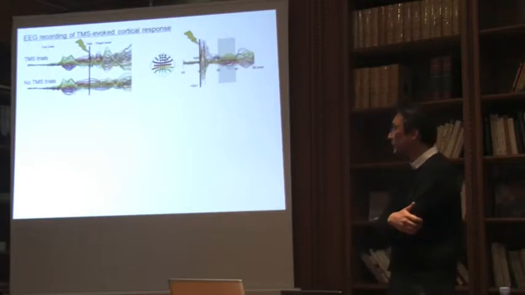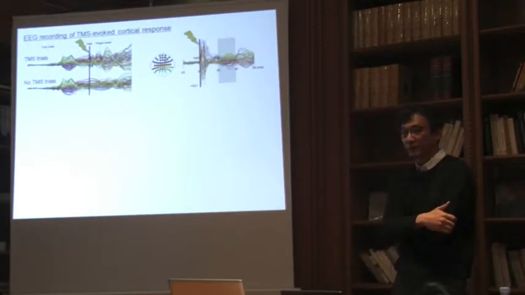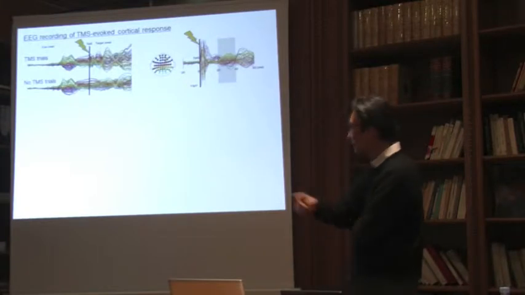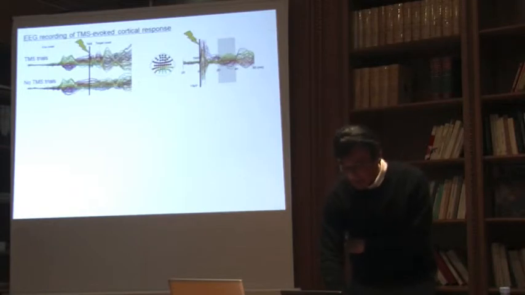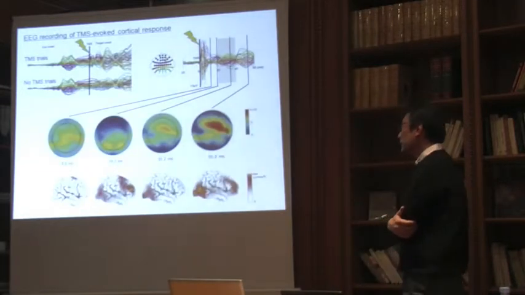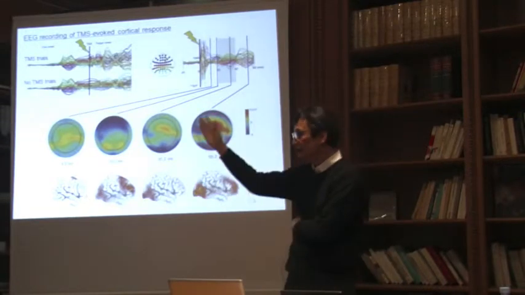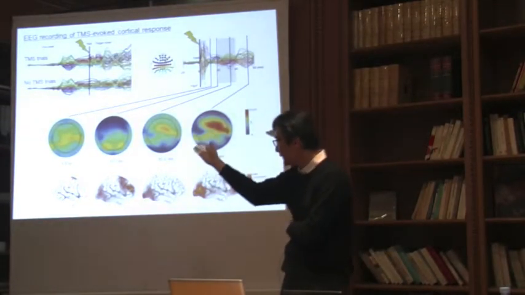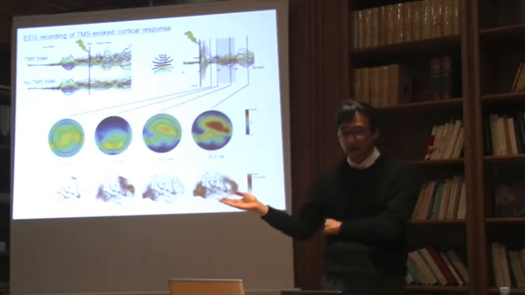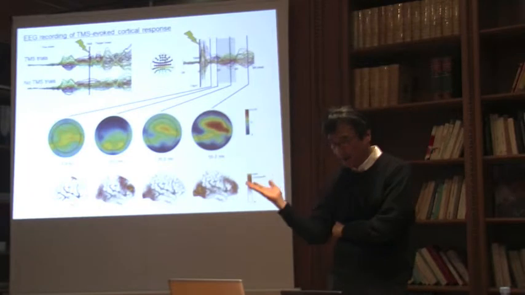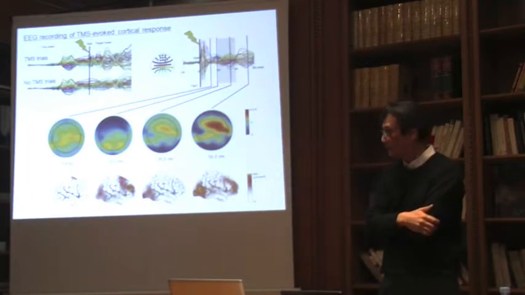And by subtracting one from the other, we obtain TMS-evoked potentials aligned at the onset of TMS. And based on these waveforms, we can construct the scalp topography. And also, from this scalp topography, we can estimate the cortical source of activation, which explain this topographic pattern.